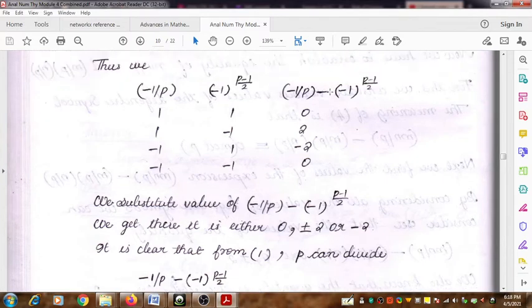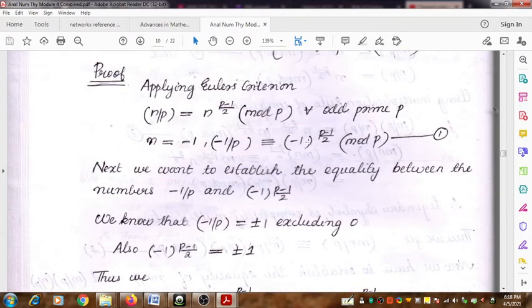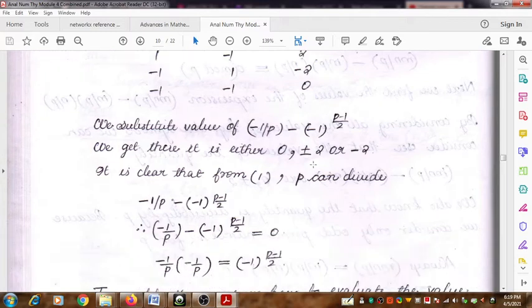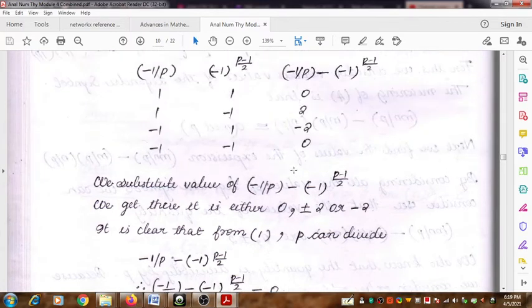Since this quantity is divisible by p, and since p is an odd prime number, that quantity can be neither plus 2 nor minus 2. So only one possibility remains, and that is 0. Thus the difference equals 0 always, in all four cases.